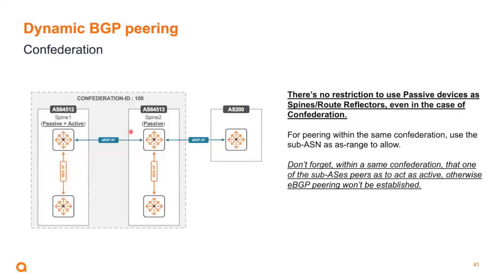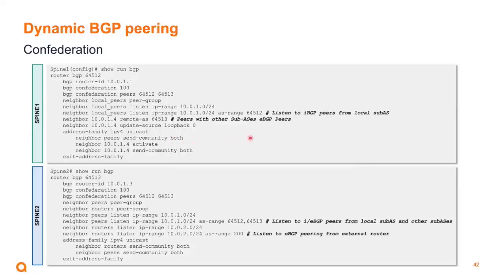Dynamic peer groups can also be used in the context of confederation. The only point to take care of is obviously to not configure all devices terminating eBGP connections as listener only. Otherwise, the eBGP pairing between the sub-ASes will never come up. So here is an extract of the configuration used between the two sub-ASes that we had in the previous example.